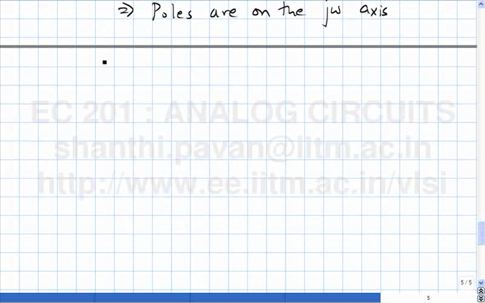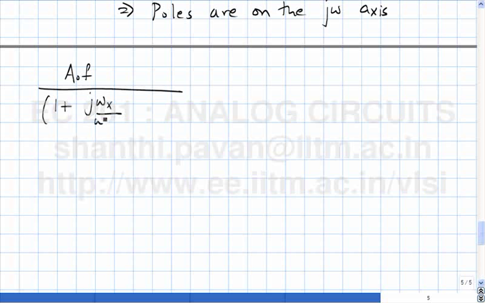We want to find when A naught F divided by (1 plus j omega x divided by omega p) the whole cube times (1 plus j omega x times 1000 by omega p) must be... the poles of the system are on the j omega axis.